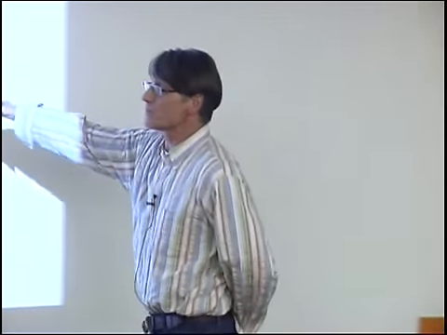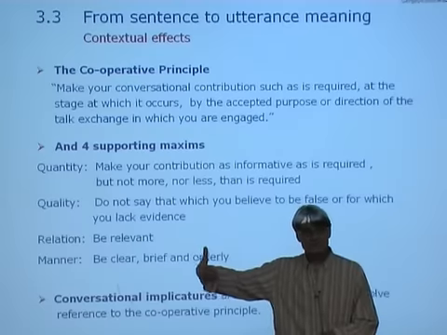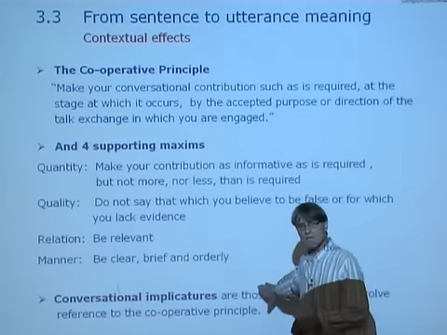Now, it is possible to seemingly violate a maxim, but only then we don't call it violation, but we call it flouting. Seemingly violate, flouting a maxim, and in this way convey an additional conversational implicature.